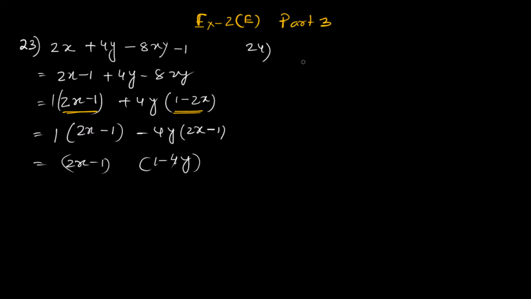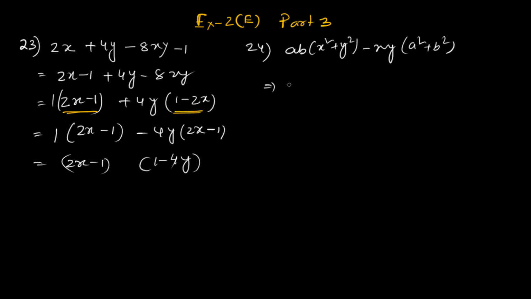ab into x square plus y square, minus xy into a square plus b square. Interesting question. In this position we can't take anything common, so we have to go for the multiplication, then rearrange the terms.